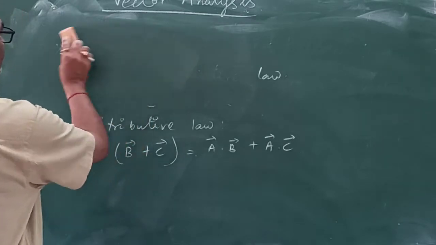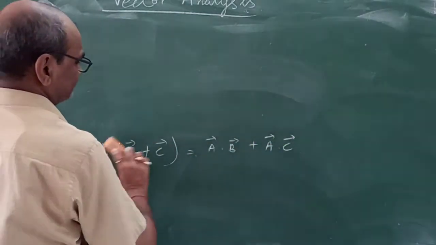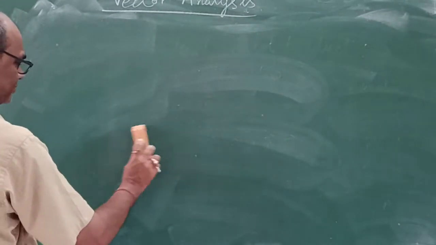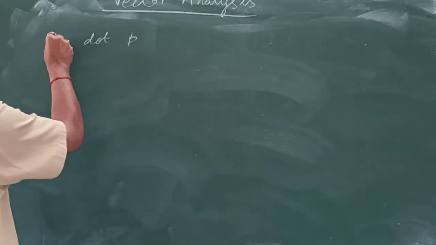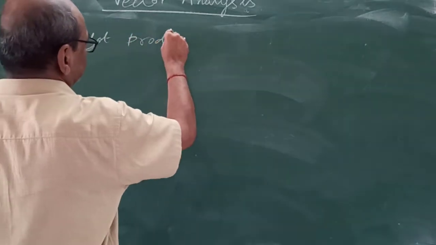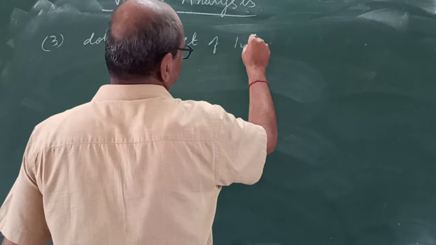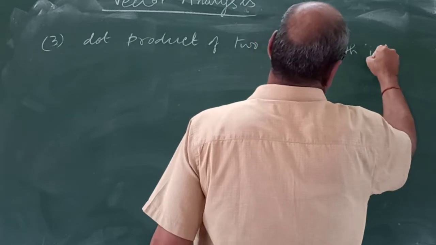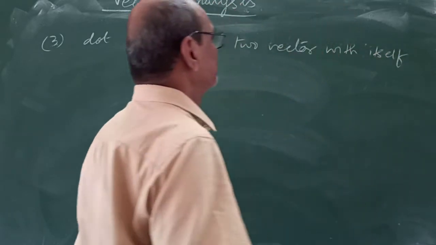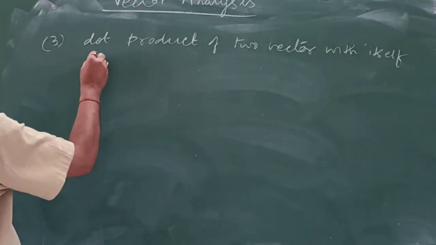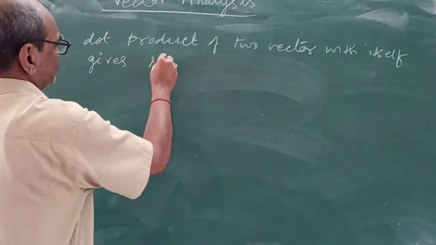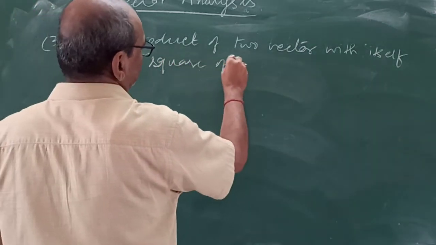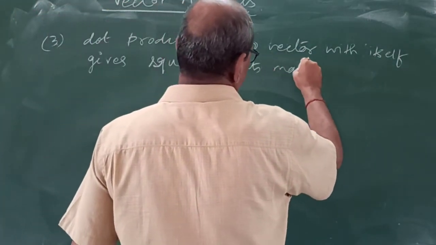Third one: the dot product of a vector with itself gives the square of its magnitude.